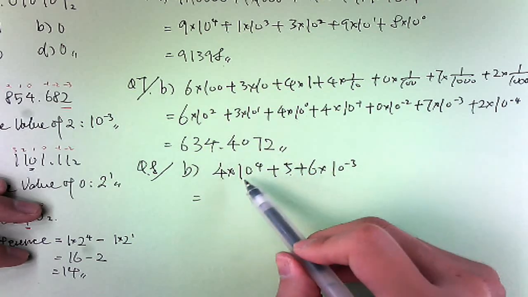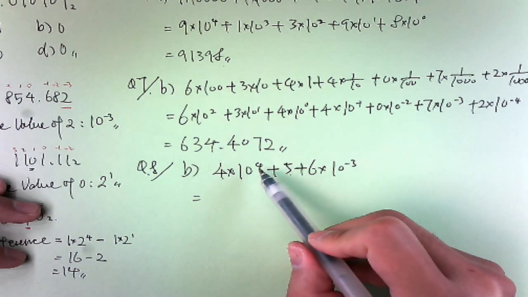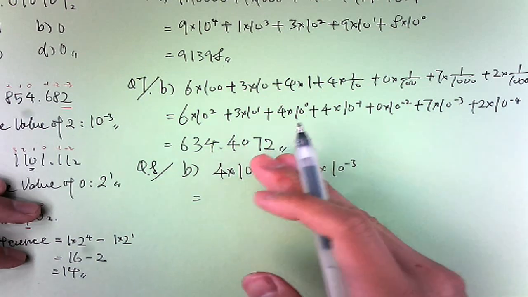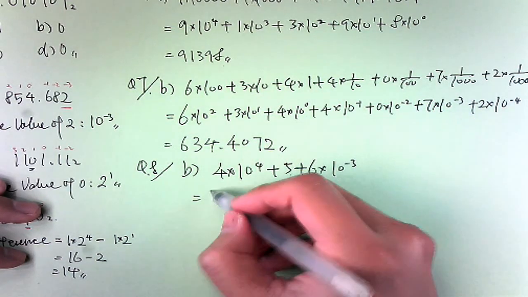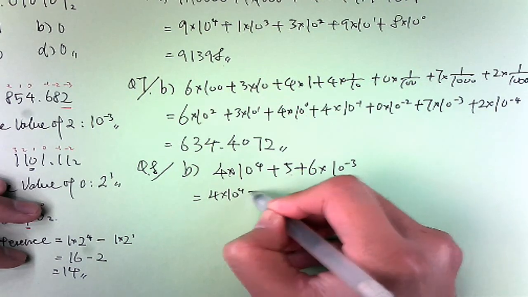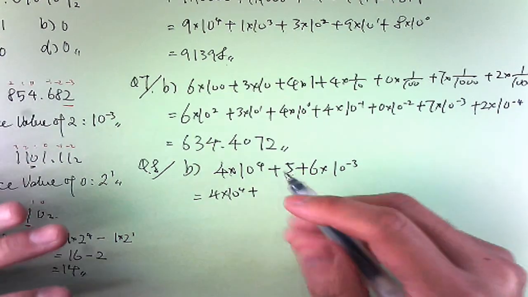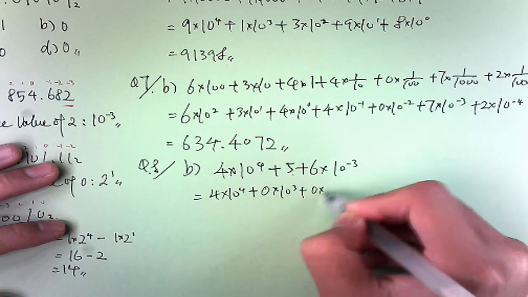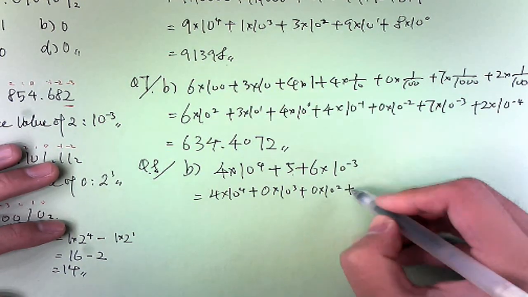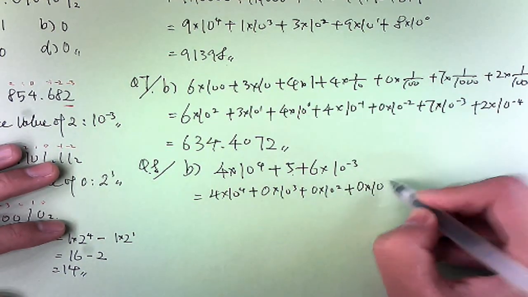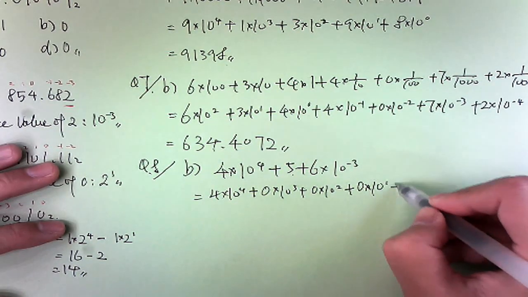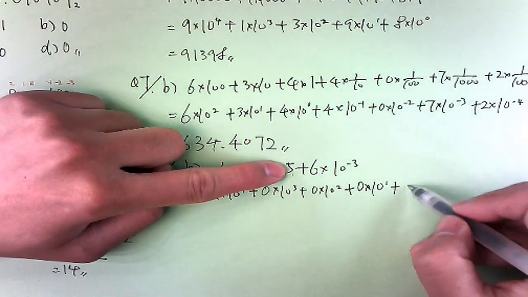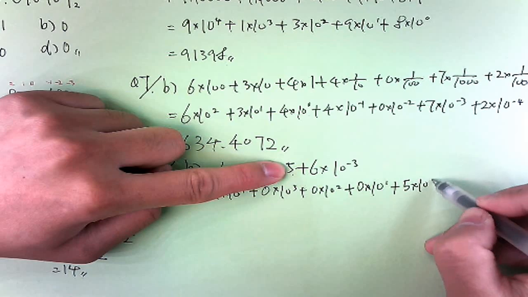But however, we don't have 10 to the power 4 and then 10 to the power 3 something, right? So we have to write those 10 to the power 3. We make it 0 times 10 to the power 3, 0 times 10 to the power 2, plus 0 times 10 to the power 1, understand? And then you have a 5 here, right? Just 5 times 10 to the power 0.